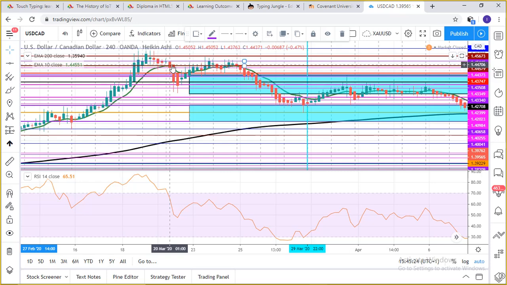So they forced it all the way down. I had to enter around this blue area, knowing that they had broken this particular level here, and I waited a bit because what happened was like a hurricane, so I had to be sure that they had enough strength. These 3 candles were a confirmation for me on the 4 hour of their intention to ride down.